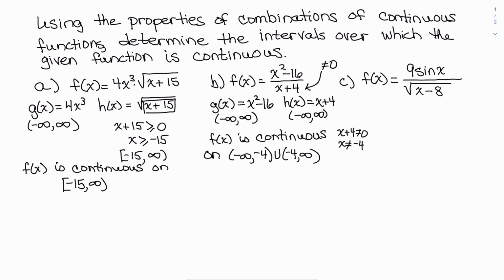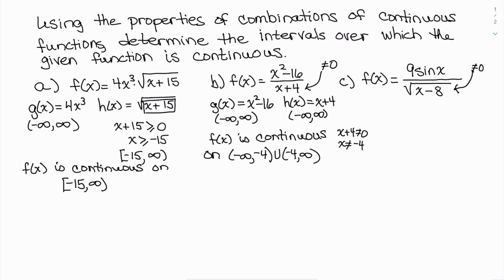Okay, part C. So for part C, I have a little bit of each of those cases. I have a square root of x minus 8, but that's also sitting in the denominator, so I also need to make sure my denominator is not 0.